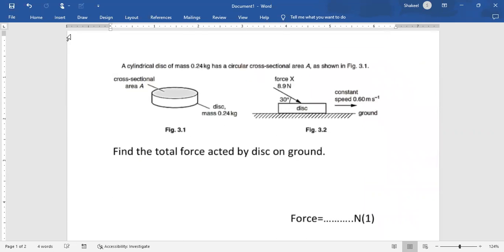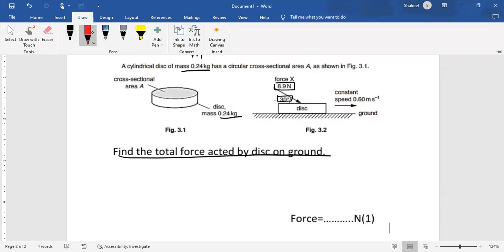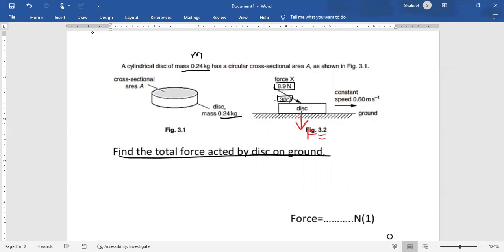There was a next question. This question is pretty simple. A cylinder has a mass of 0.24 kilogram and the cross-sectional area is shown. A force of 8.9 Newton is acting at an angle of 30 degrees to the disc, and the disc's mass is also given. Find the total force exerted by the disc on the ground, like how much total force the disc is exerting on the ground.